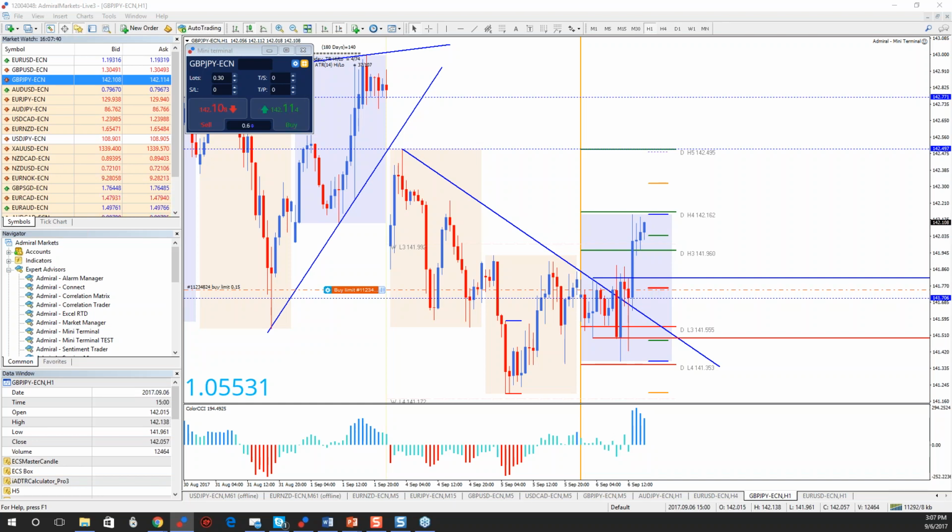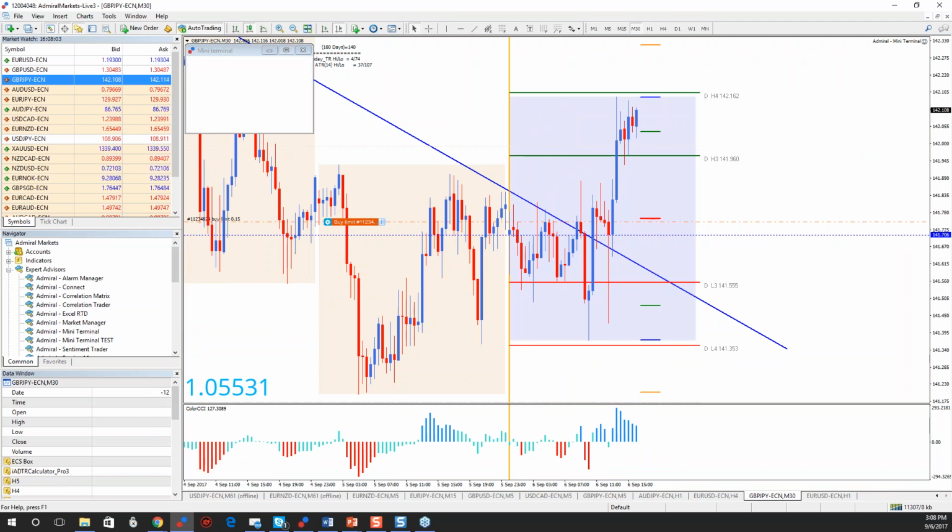This is the zone. But the only thing is, I would like to see this happening maybe after the CAD announcement, because I think that the CAD announcement will also move pound yen. By that time, we can also take a look at M30, guys, because M30 is also good to trade.